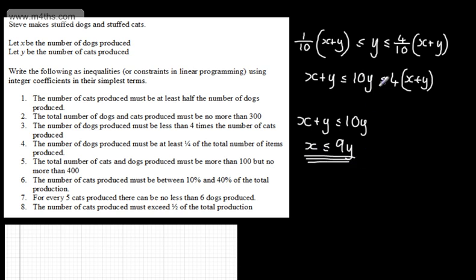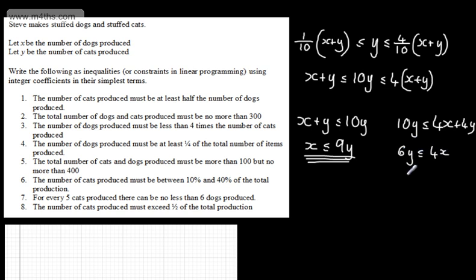If we look at this one, I could divide both sides by 2, but I'm not going to bother. I'm just going to write that 10Y is equal to or less than 4X plus 4Y. So we can see from here that 6Y is equal to or less than 4X.